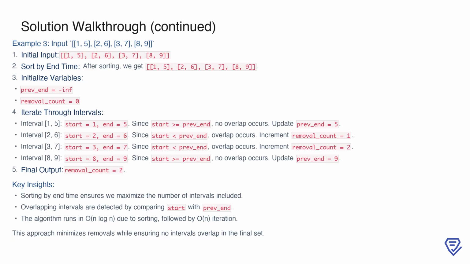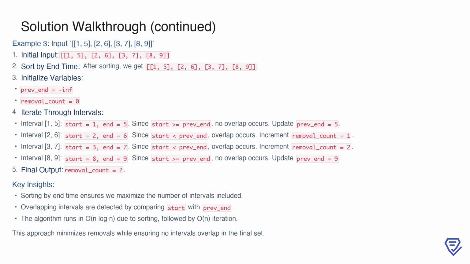The first interval, [1, 5], doesn't overlap with prev_end, so we update prev_end to 5. The next interval, [2, 6], however, starts before 5, indicating an overlap. We increment removal_count to 1. The third interval, [3, 7], also starts before 5, so another overlap occurs, and we increment removal_count to 2.